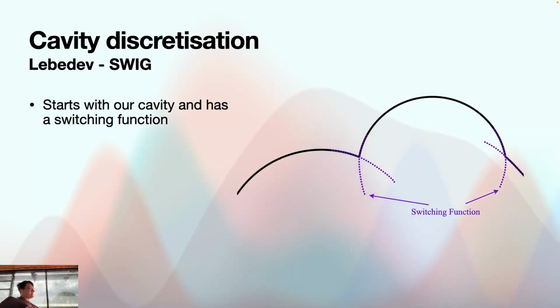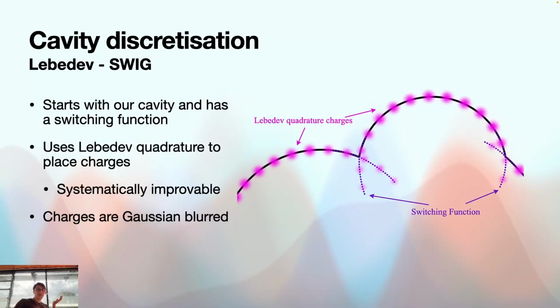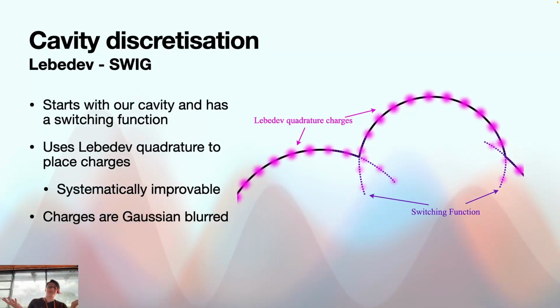Another method that has become very popular and is a very good method is called SWIG, and this starts with Lebedev discretization. So we start with our cavity as we did before, but now we use Lebedev quadrature, since it can be systematically improved, so you can just increase the numbers and get better results.